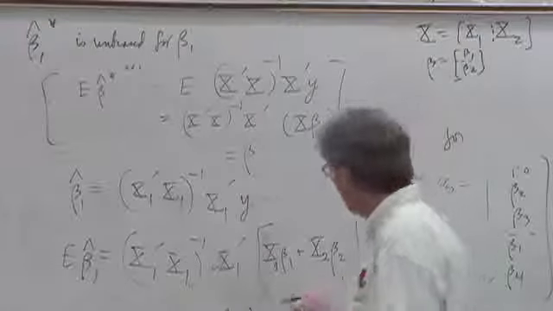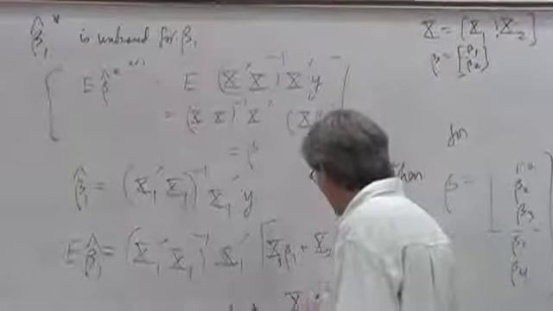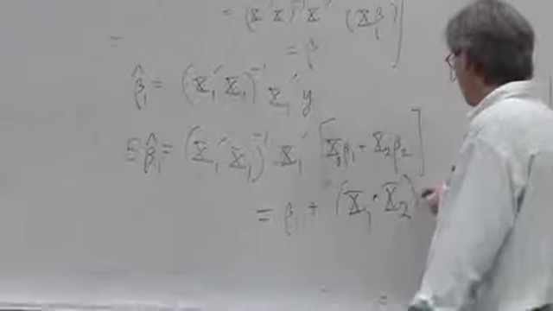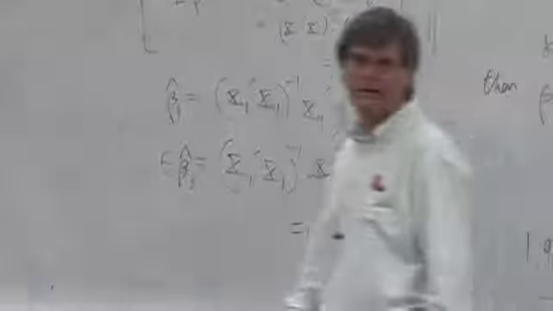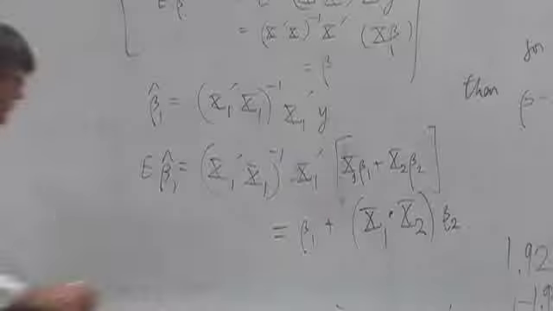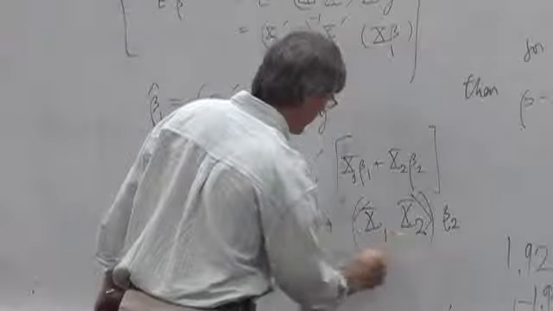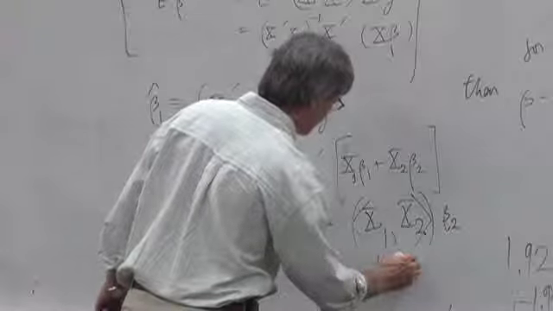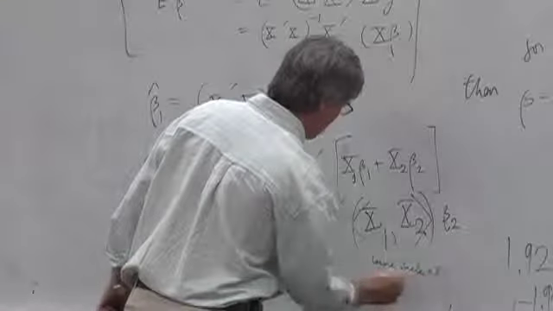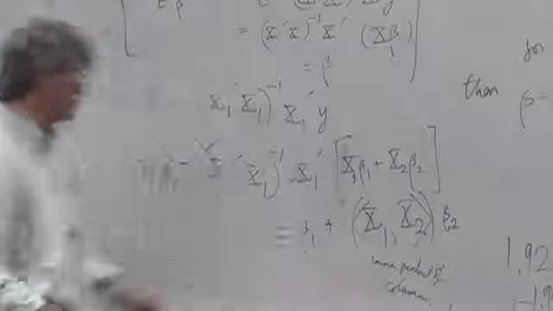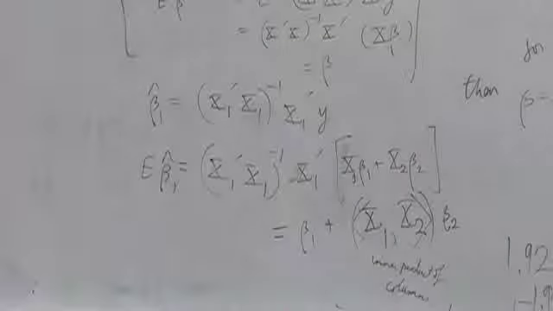So it's X1 dot X2. Maybe I should put it this way, inner product of columns, times beta 2. So if those are orthogonal, you get 0 there. All right. So there's the bias.